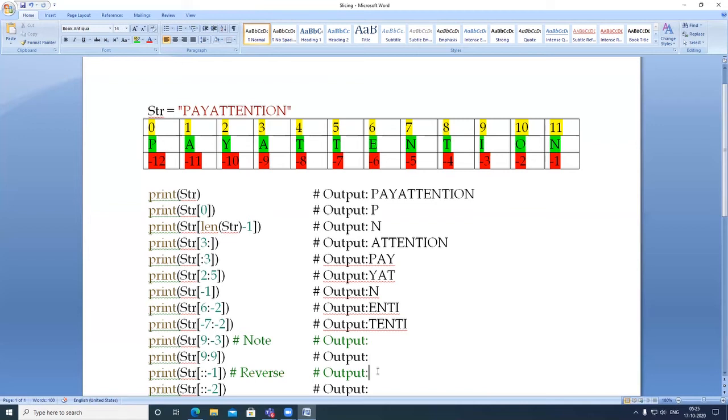And this one is very important. That is, str open square bracket colon colon minus 1 reverses the entire string. It reverses the entire string in one go.